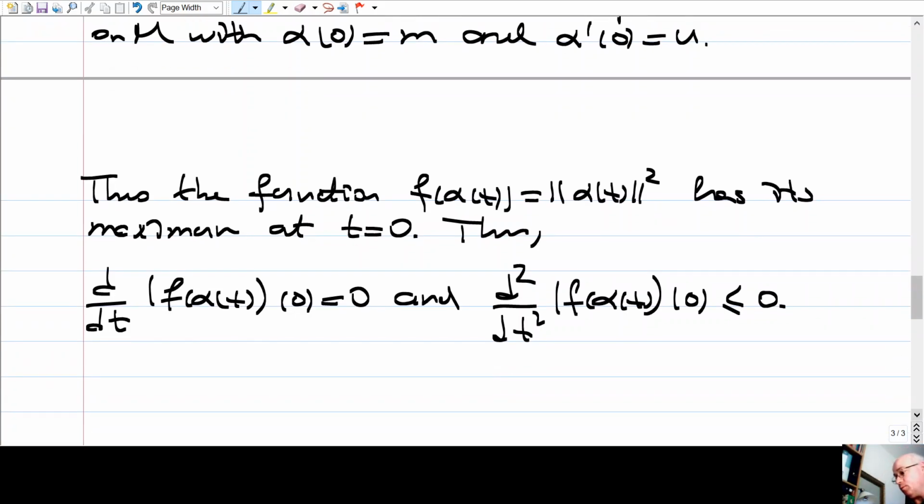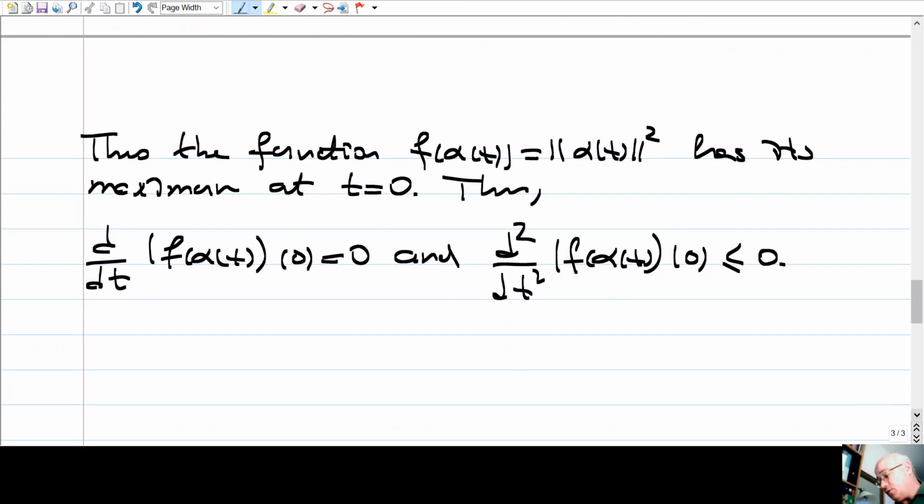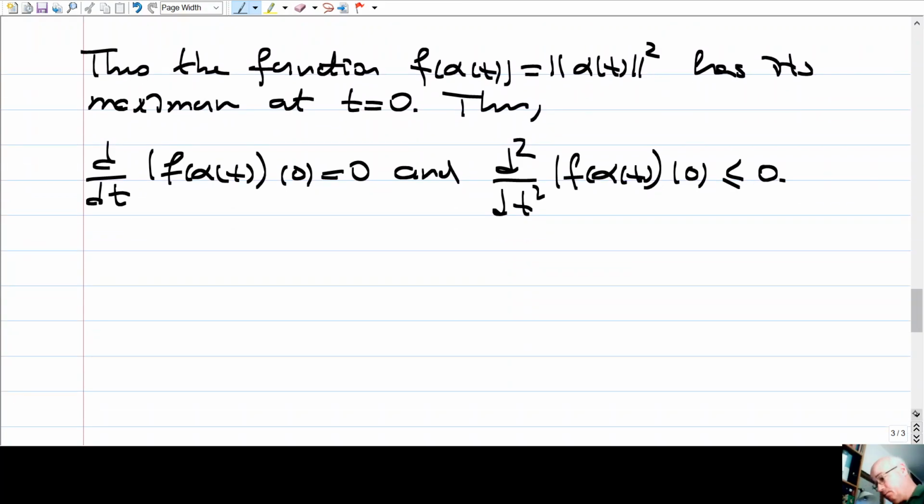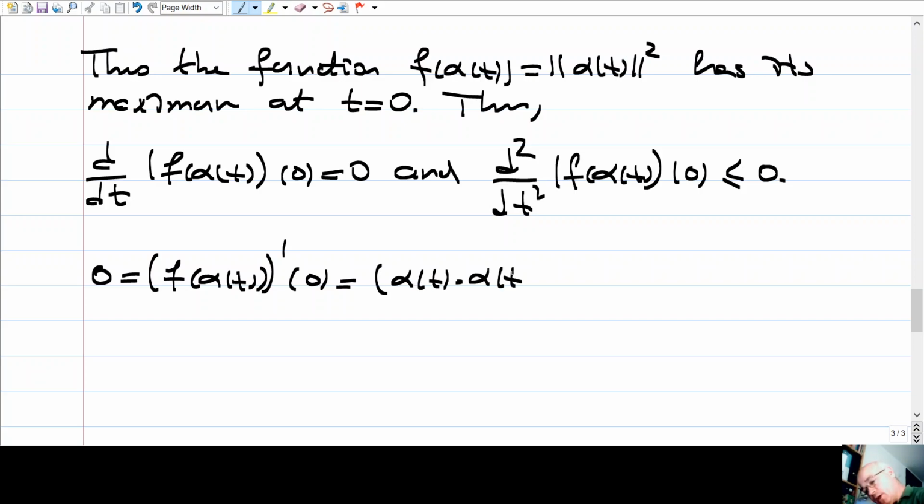Now let's write down this equation one more time. 0 is equal to the derivative of f of alpha t at 0, but this is just alpha t dot product with alpha t, derivative of this evaluated at 0. And we know that this is just 2 times alpha 0 dot alpha prime 0.